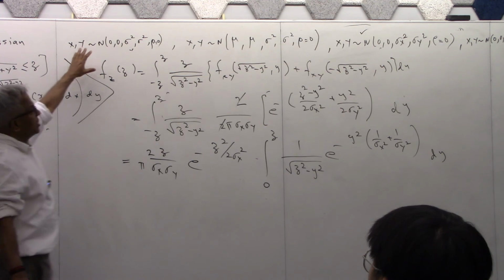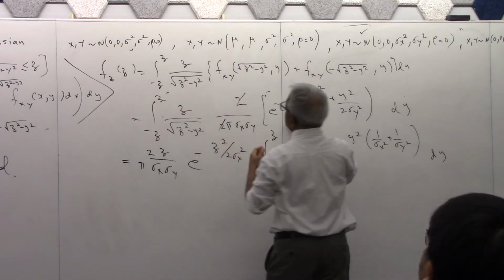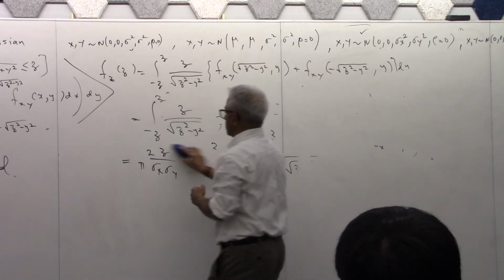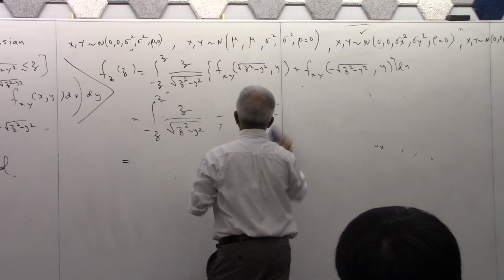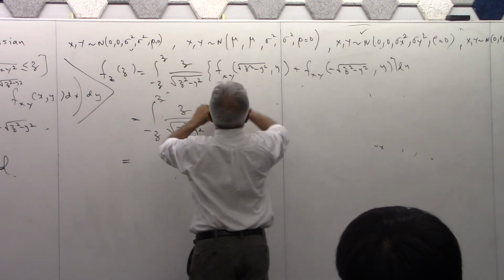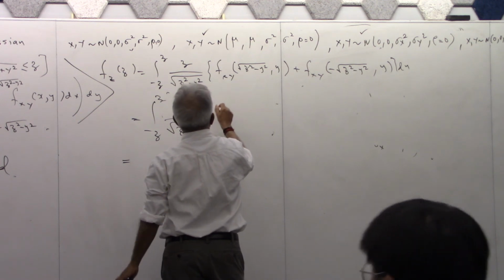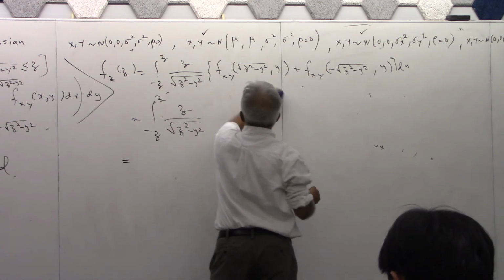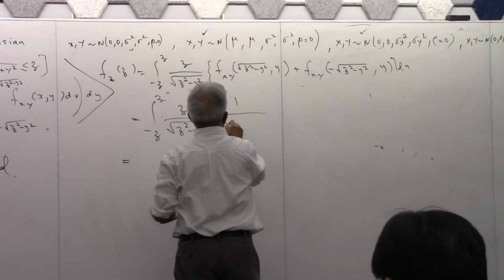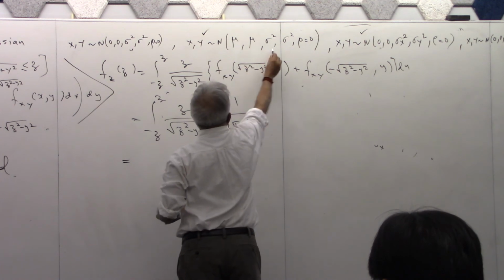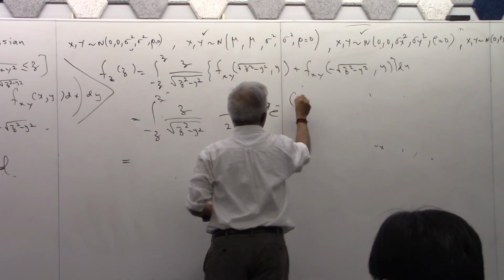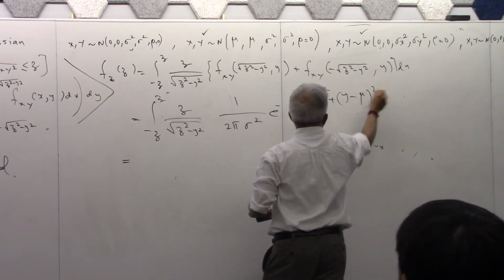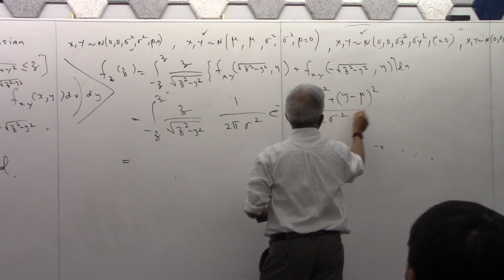On the other hand, if you do this, so what will happen here? Let's do the other case, see whether that's any easier. So if you do this case, integral minus z to c, although this is already here, then just this one. So this is 1 over 2 pi, the variances are equal, but you have e raised to minus x minus mu squared plus y minus mu the whole squared over 2 sigma squared dy.